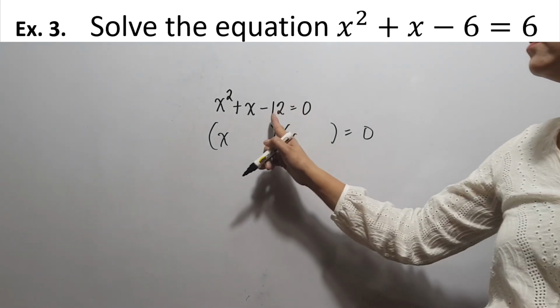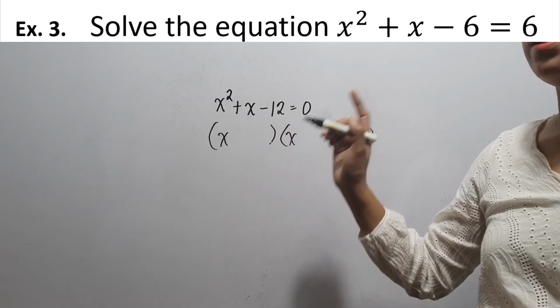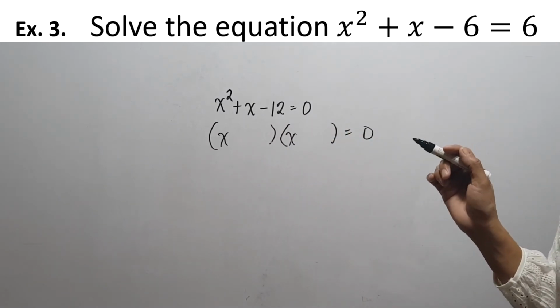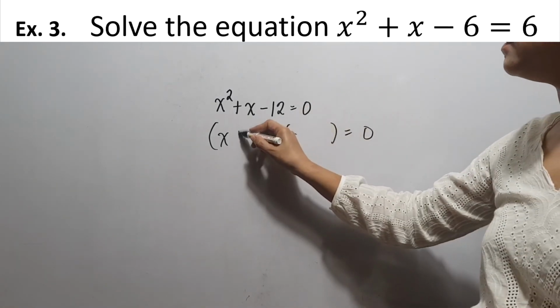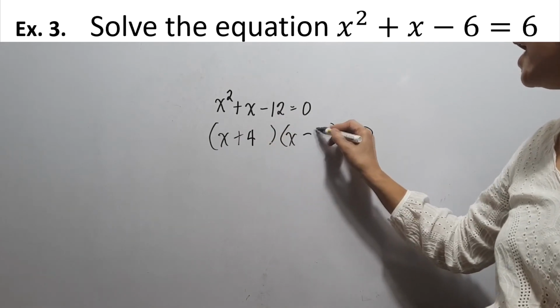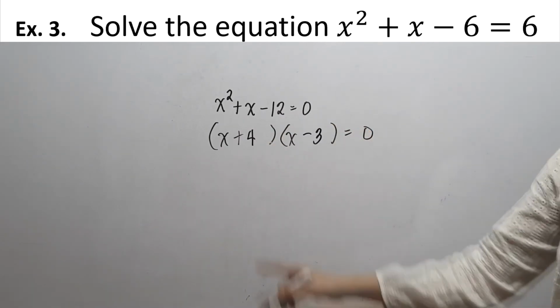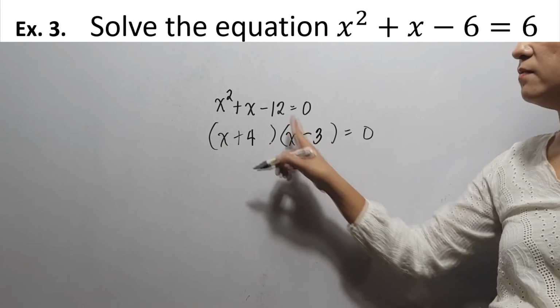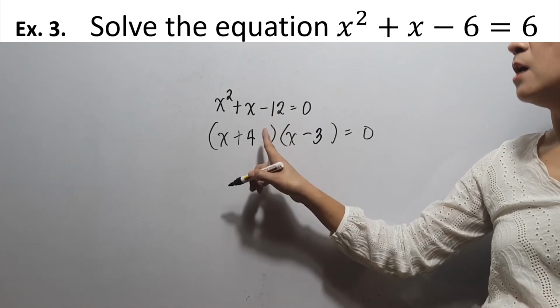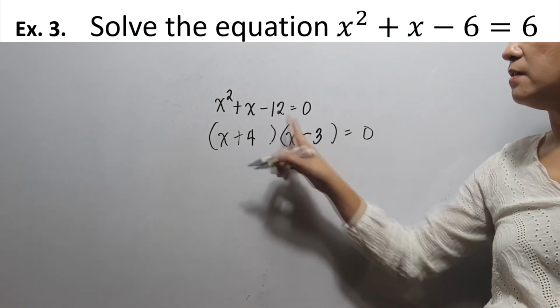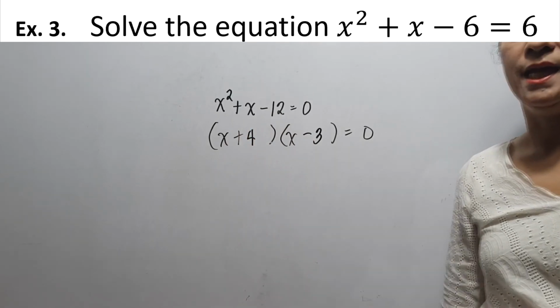What are the factors of negative 12 so that when we add, it becomes positive 1? That's positive 4 and negative 3, kasi positive 4 times negative 3 is negative 12, and positive 4 plus negative 3 is positive 1.